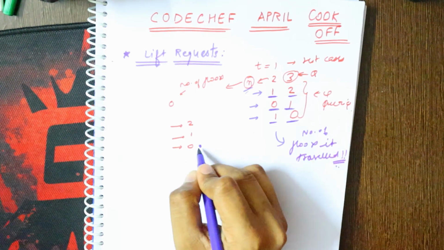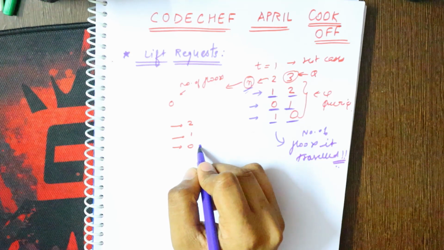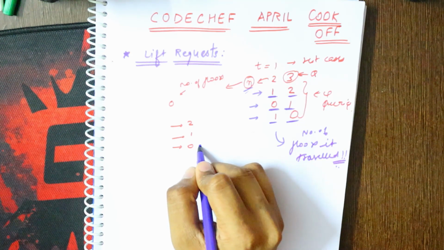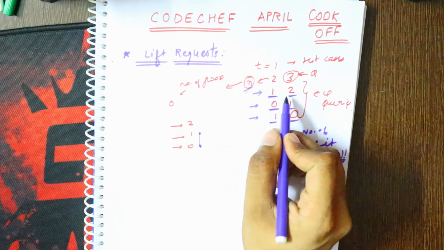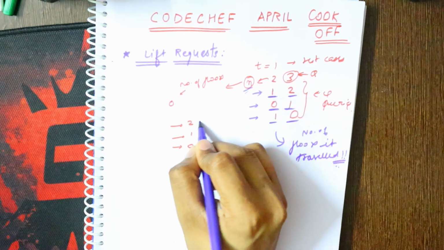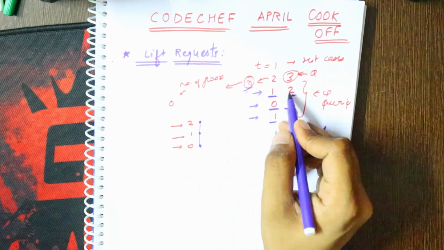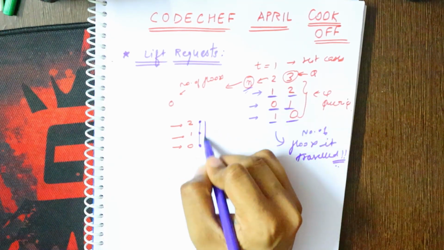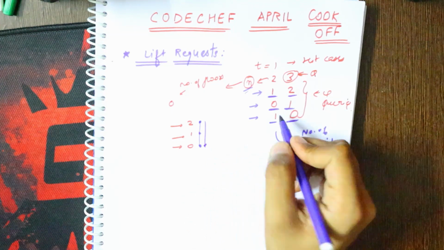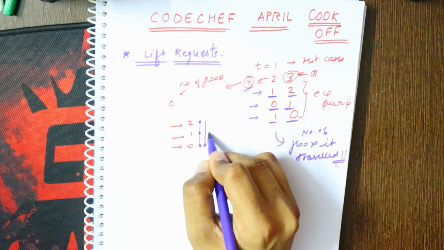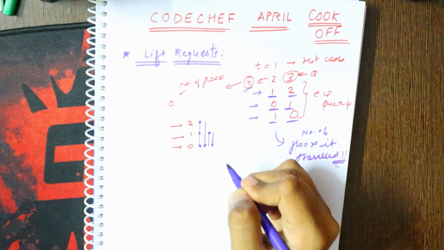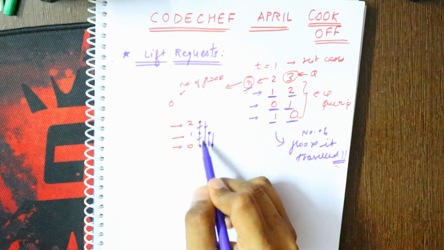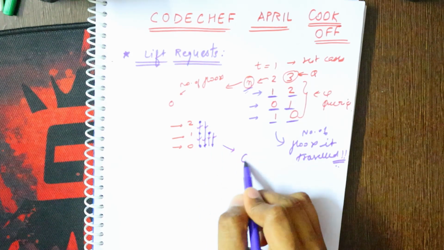It will start from the 0th floor, it will move to the first floor, as you can see here. After the first floor it will move to the second floor. After that it moved to the 0th floor. After that it moved to the first floor. After that it moved to the 0th floor. So what is this? 1, 2, 3, 4, 5, 6. So the output is 6.